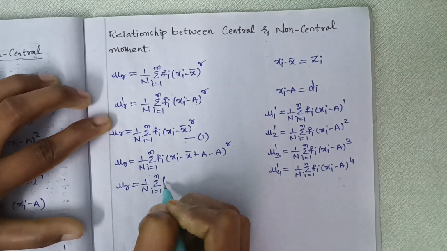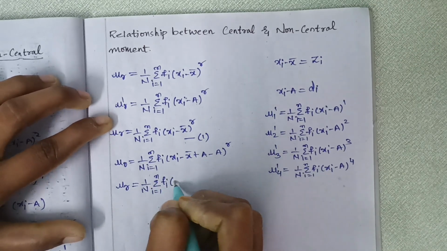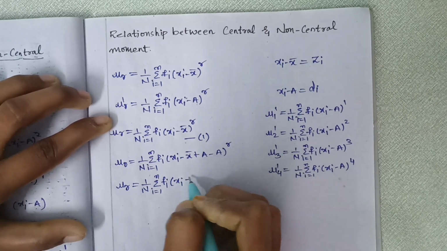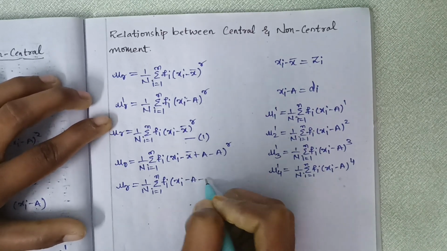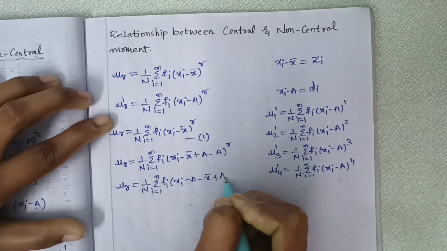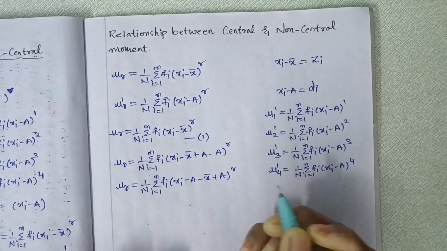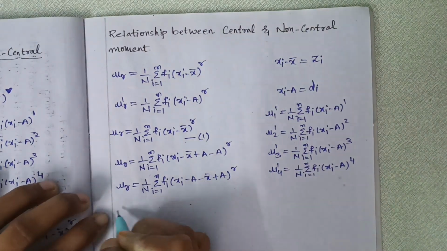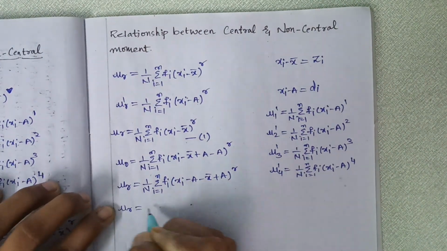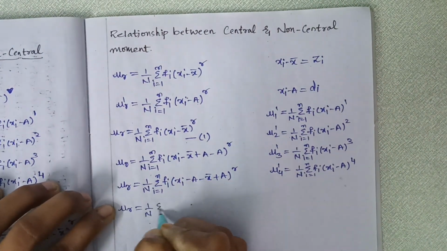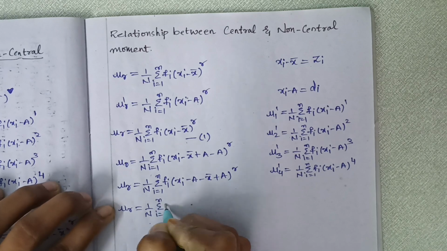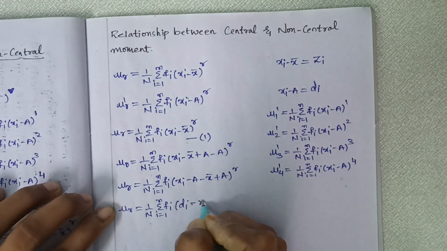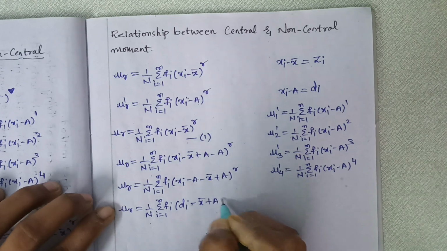So see here, I am writing this xi minus this a here and minus x bar plus a whole to the power of r. We know that xi minus a is di. So I substitute 1 by n summation i equals 1 to n fi into (di minus x bar plus a) whole to the power of r.